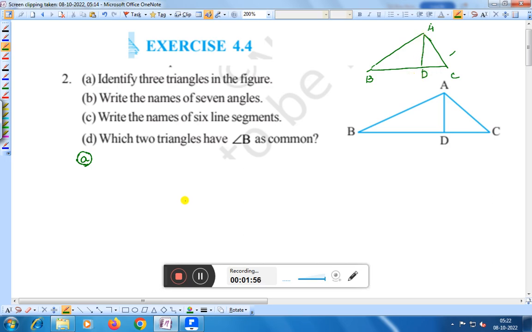Now, if we take triangle ABD, there are three triangles actually. This is triangle ABD. Here you see, we are pointing out here.